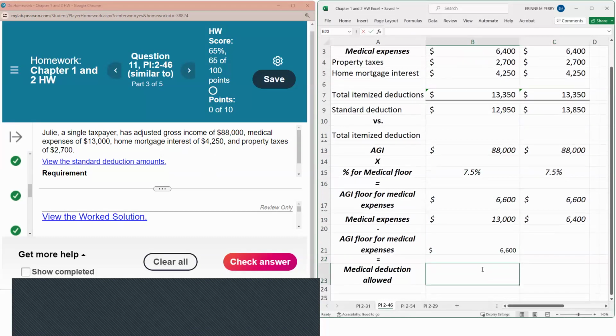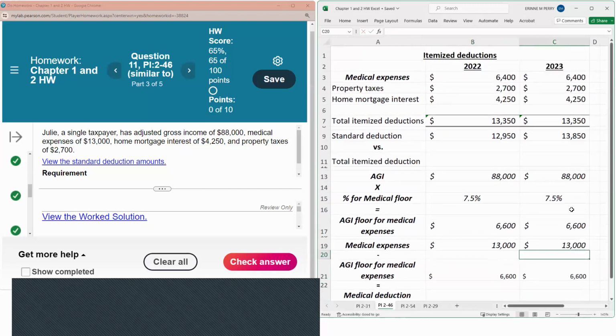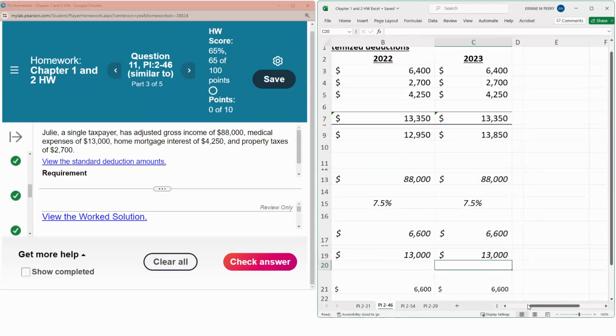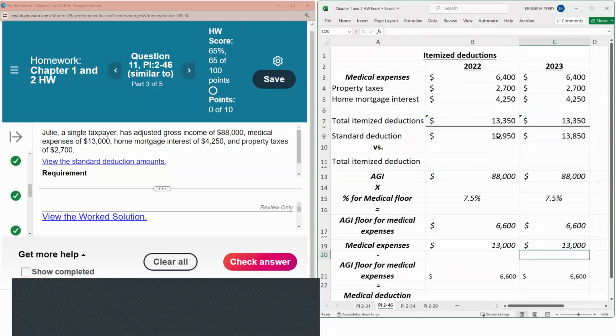So our medical deduction allowed is 13,000 minus the 6,600. All right, so based on this information, we compare the two.